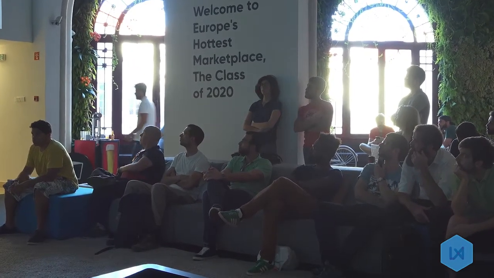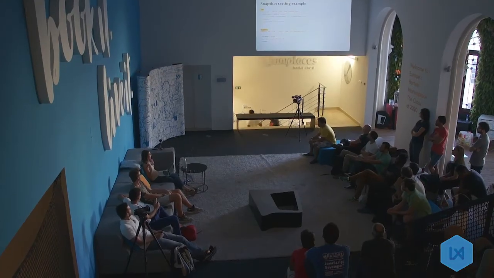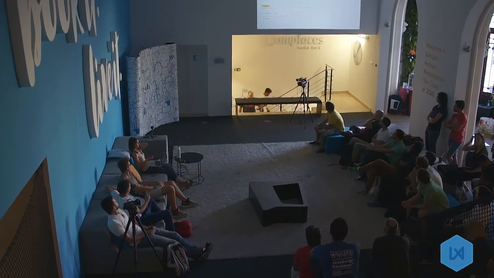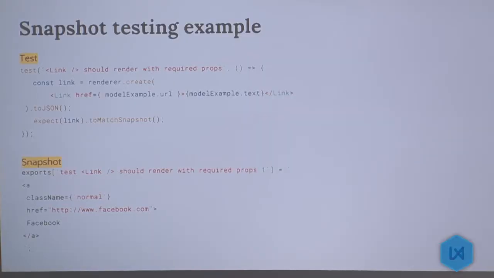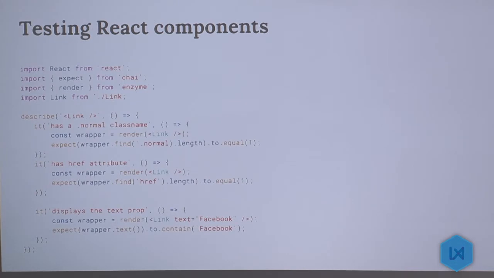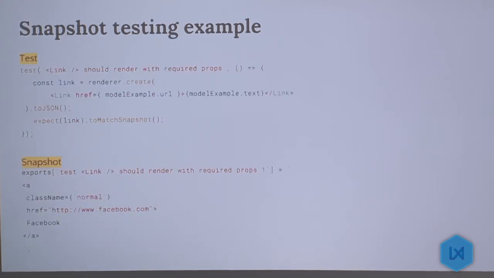But you can test the same thing using just one snapshot test. Here we are testing if the required props are rendered, which is exactly the same as we are testing here. But the difference is that we need 3 tests here and just one snapshot.